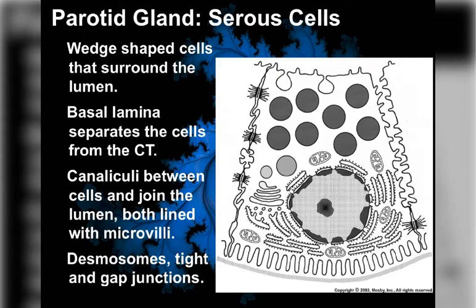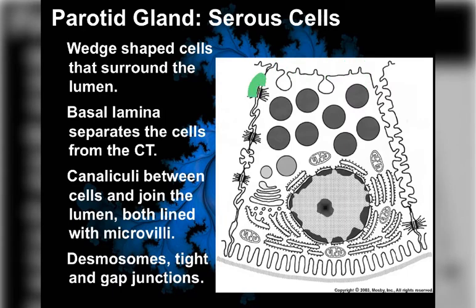Canaliculi between cells. There are canaliculi between the cells, and these canaliculi join together to form the lumen, or empty into the lumen, both lined with microvilli. So the canaliculi and the lumen are lined by microvilli. These structures here are tiny extensions.